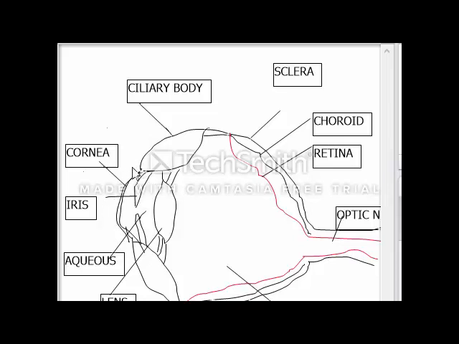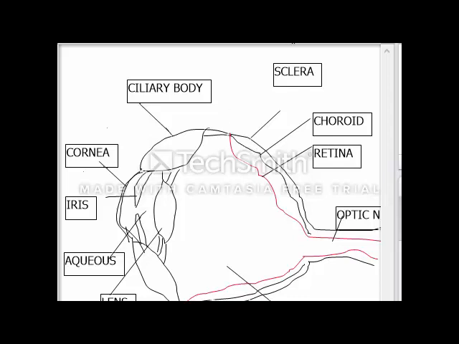In front of the cornea, you have the eyelids, the upper and the lower eyelids. They help to blink the eye so that it clears all the debris from the eye. And beneath the eyelid, you have the conjunctiva, which is a thin sheet of membrane that lines the inner part of the eyelids, both upper and lower, and is then reflected onto the cornea so that it helps to protect the cornea too, but it stops at the level of the limbus.